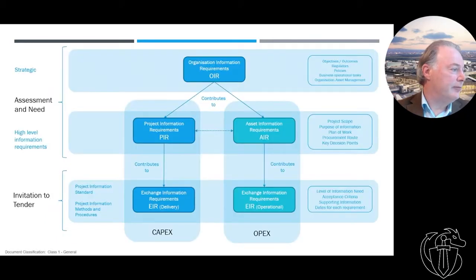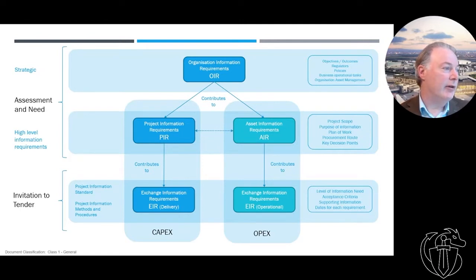Just looking at the documents, there's a list of documents that I would consider strategic at high level. Strategic at the top, high level information requirements in the middle, and then documents we use for information for going to tender. Strategic is an OIR, or Organization Information Requirements. In a nutshell, that sets out what the business needs to get on and do its business.